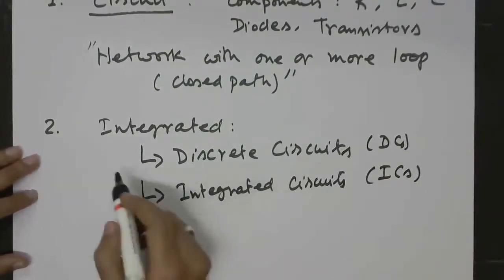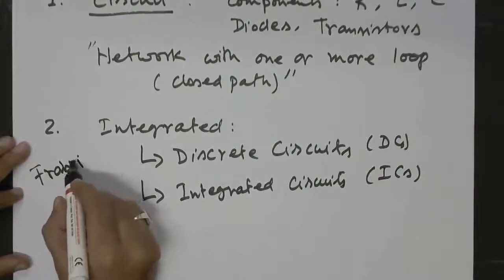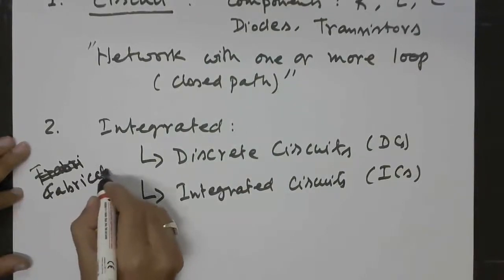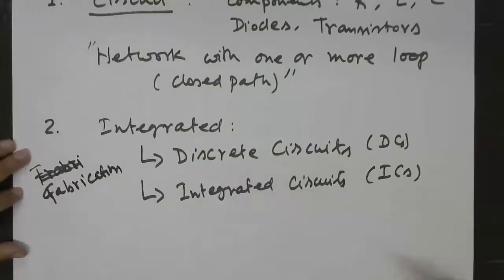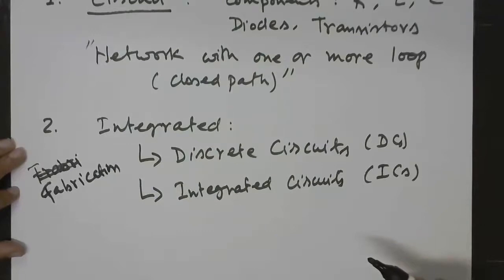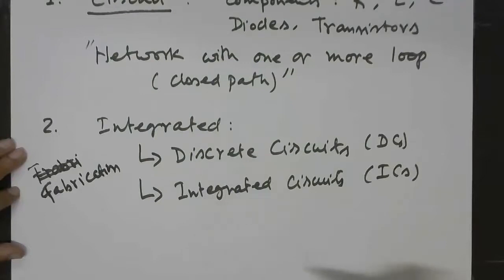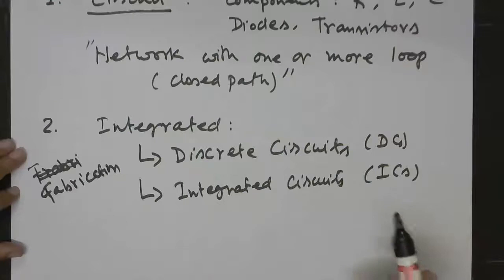Keep in mind, this is from a fabrication point of view. From a theory point of view, both circuits are analyzed, explained, and studied using the same theories. There is a slight difference between discrete and integrated circuits if the frequency of the signal is very high, otherwise there is hardly any difference in terms of theory.